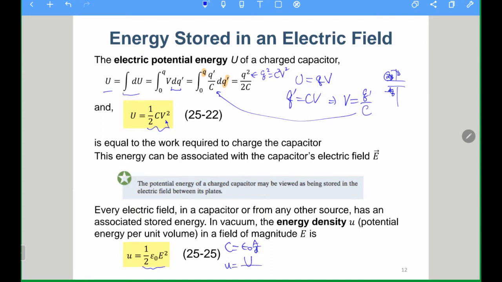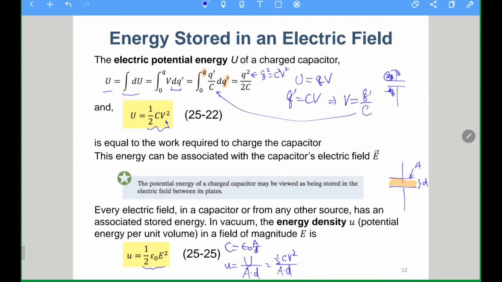Here we have a parallel plate capacitor, where A is the cross-section area and d is the distance. So A times d is the volume between the plates. So we have 1/2 CV squared over A times d.